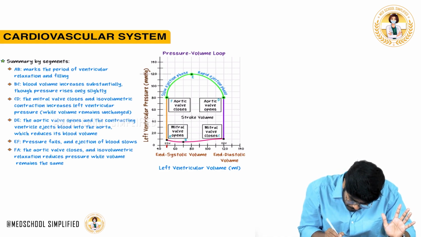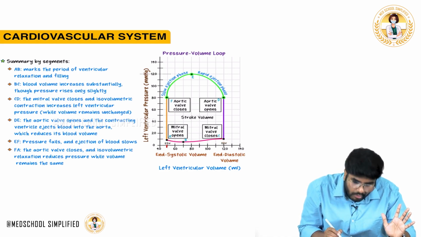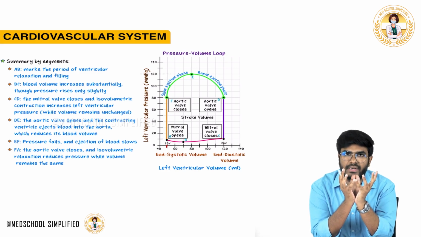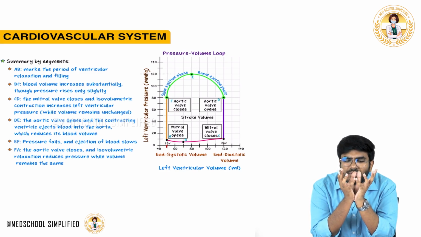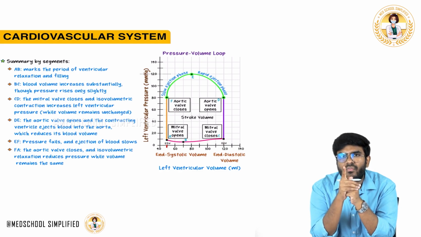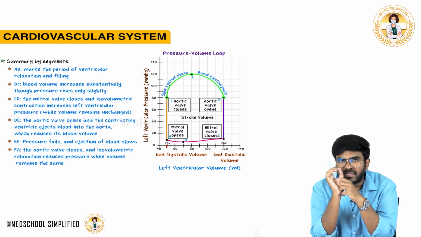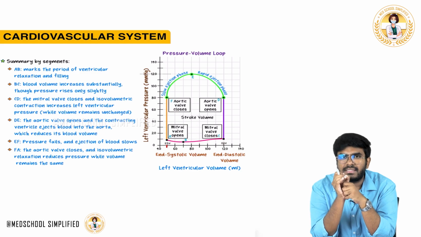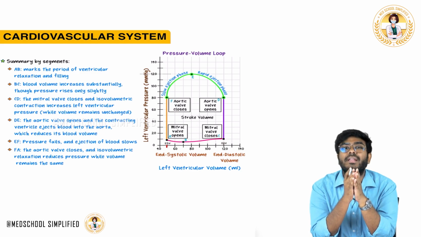At point C, the ventricle is filled with 120 ml of blood. Now what does it have to do? It has to contract. When the ventricle starts to contract, that is isovolumetric contraction. The first event in isovolumetric contraction is closure of the mitral valve and tricuspid valve, creating the S1 heart sound.